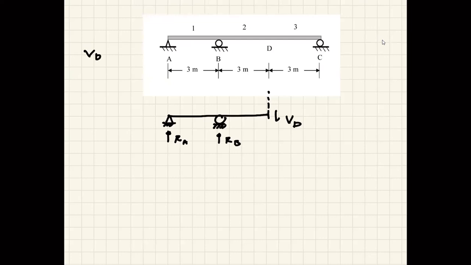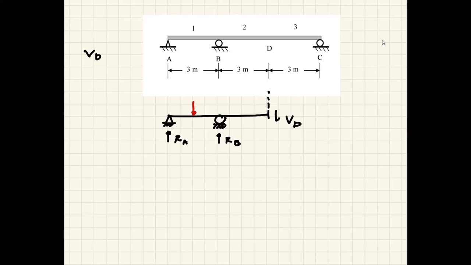And I will have two cases of the free body diagram. The first is when, because we move the unit load around, remember? So the first free body diagram will be this, plus the unit load somewhere on this body.